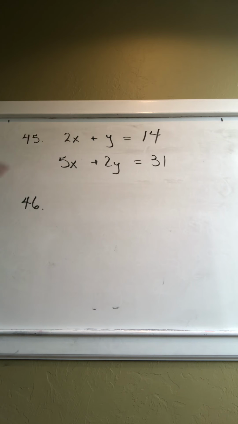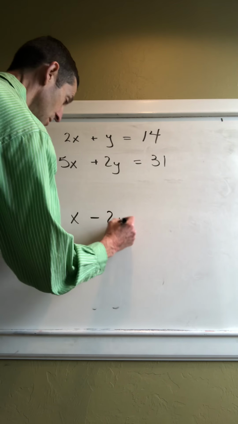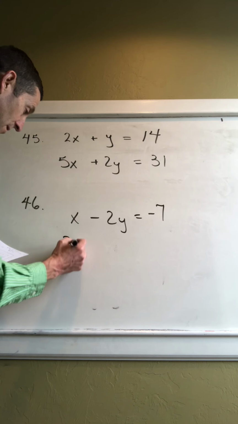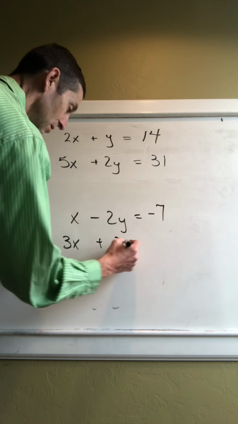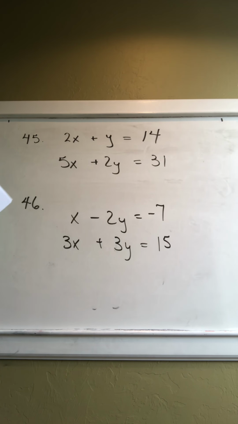So 2x plus y equals 14, 5x plus 2y equals 31. Negative 7, 3x plus 3y. All right, guys, so we got 4 problems to give you. 45, 46, 47, 48. Here's 45 and 46.